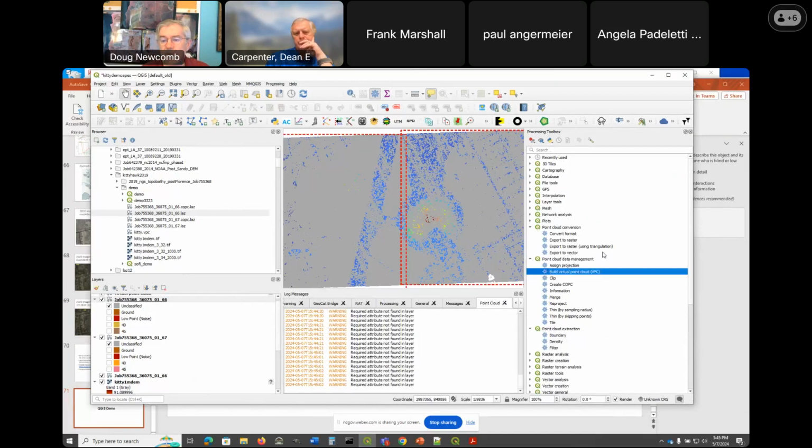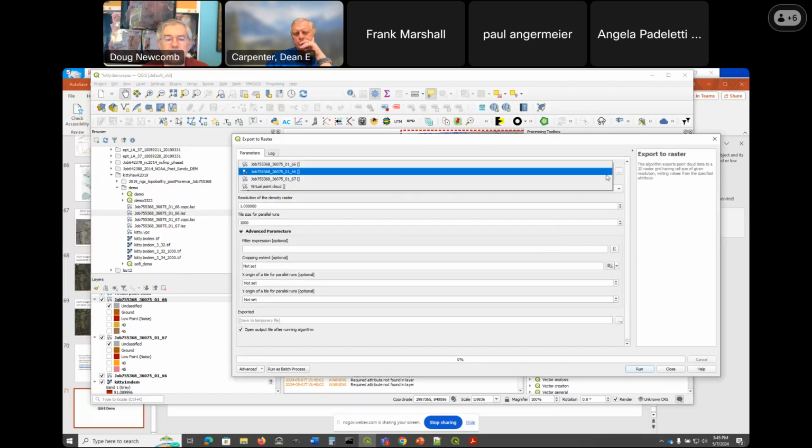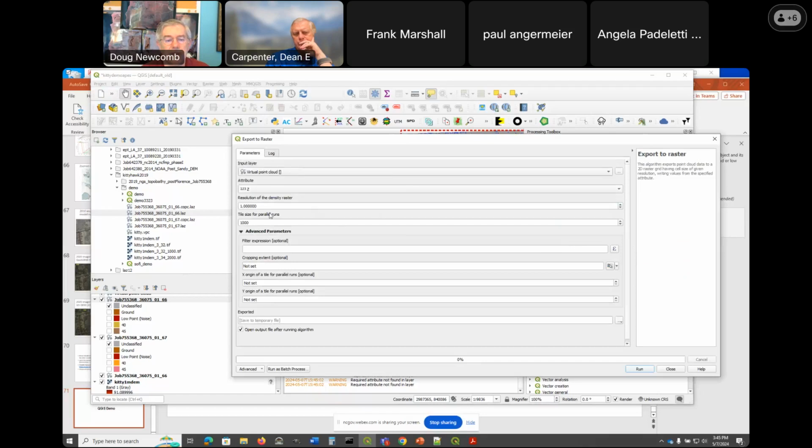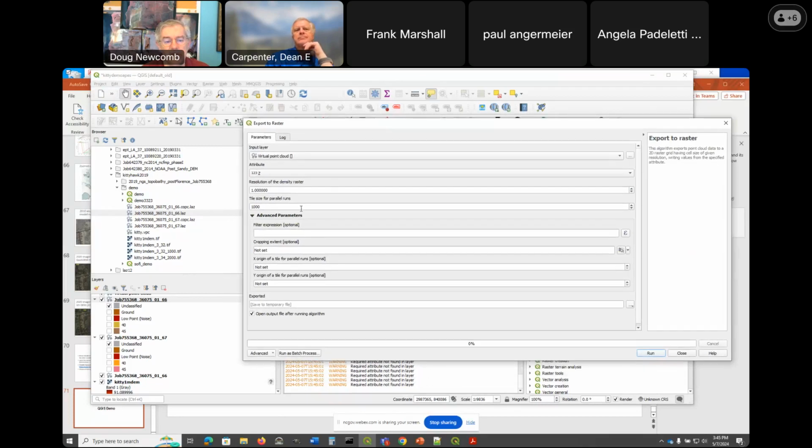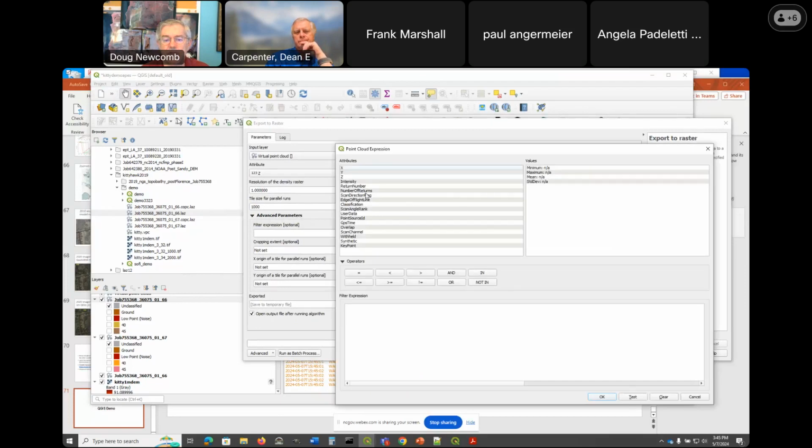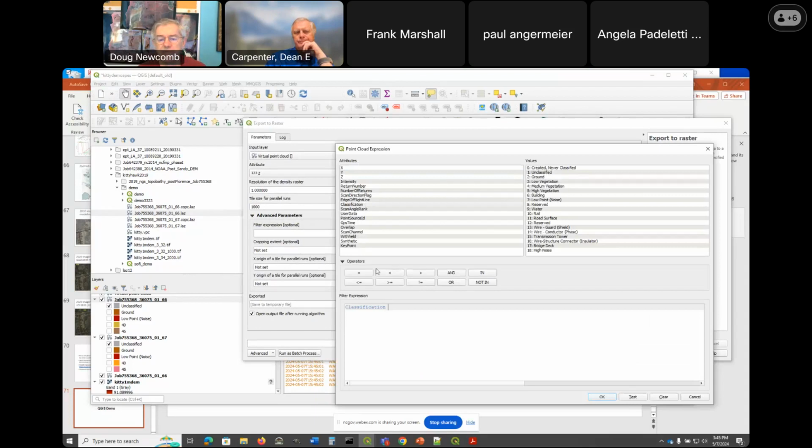So for example, if I want to export to raster, I'll take the virtual point cloud, and I want to have a 1 meter resolution raster output from it. And then I can say, okay, I just want to use the ground points. I'm going to filter out just the things I want.